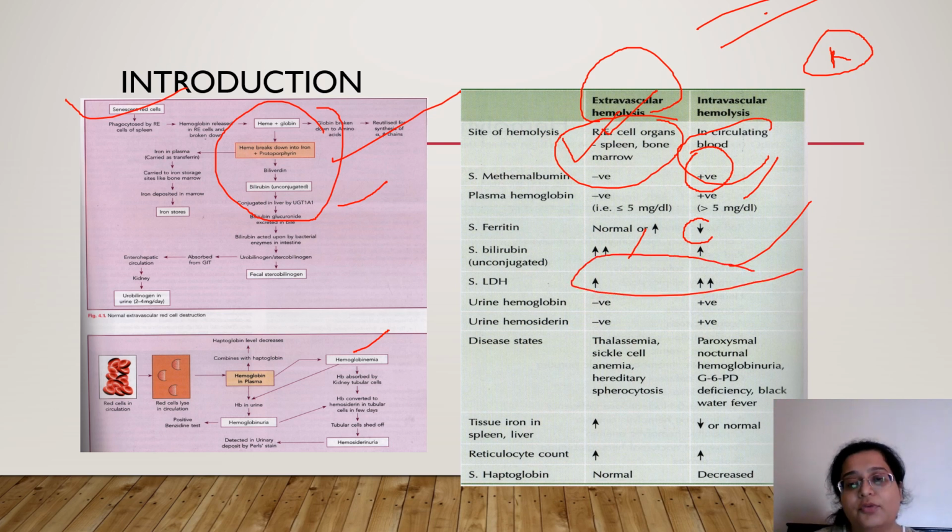LDH increases in both. Urine, if something is breaking in the blood vessel, then as I said, blood straight goes and filters as urine in the kidney through the glomerulus that is there in the nephrons. So obviously, hemoglobin and hemosiderin will be more in the urine in intravascular hemolysis as compared to extravascular.